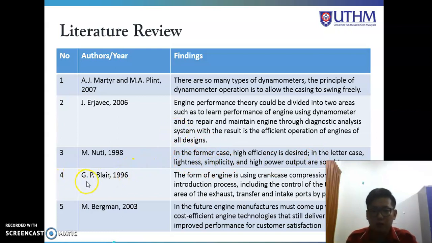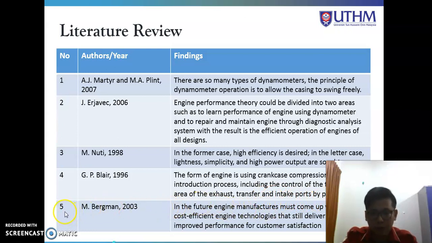And the fourth, G.P. Blair in 1996. His finding is the form of engine using crankcase compression for the induction process, including the control of the timing and area of the exhaust, transfer and intake ports by the piston.